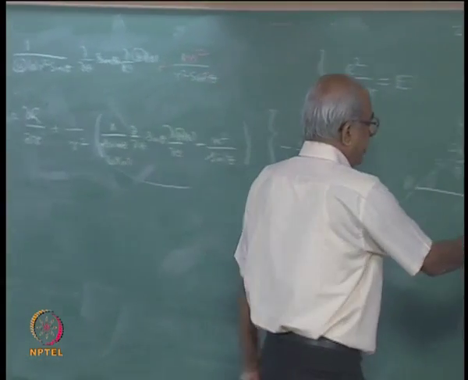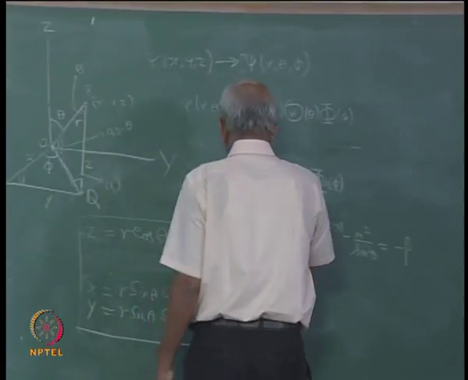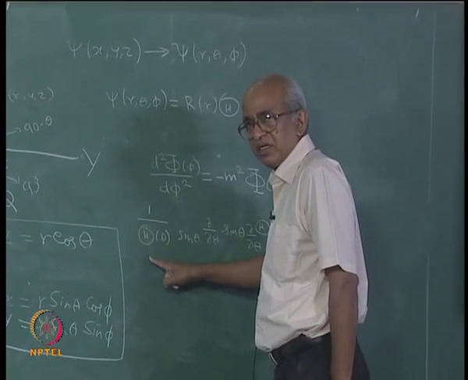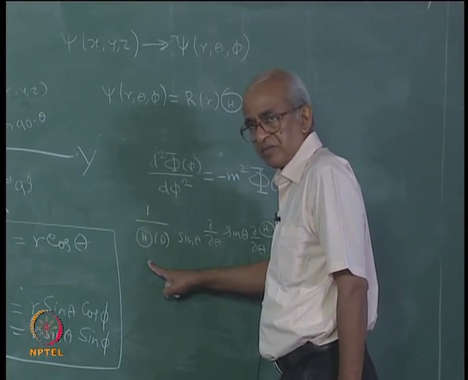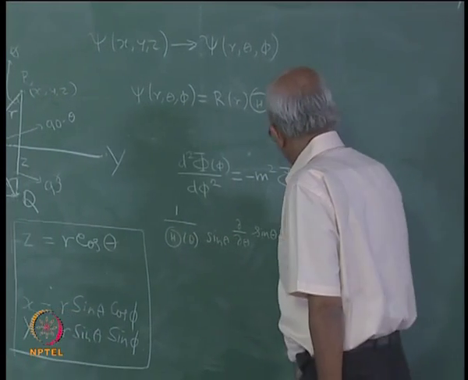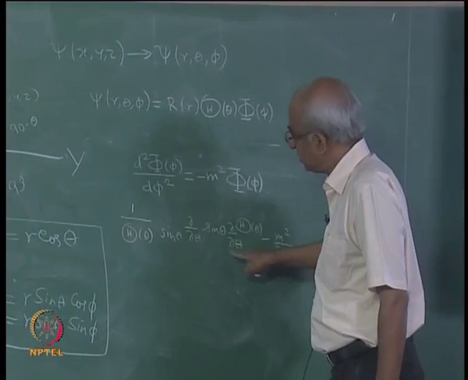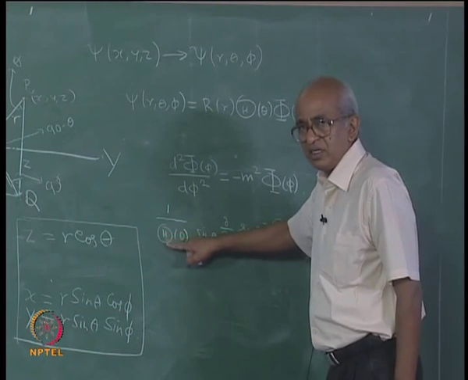So, therefore, if I like, I can rearrange this and get a differential equation for capital theta. Okay. So, how will I rearrange it? I will first take beta to this side and then multiply throughout by capital theta.